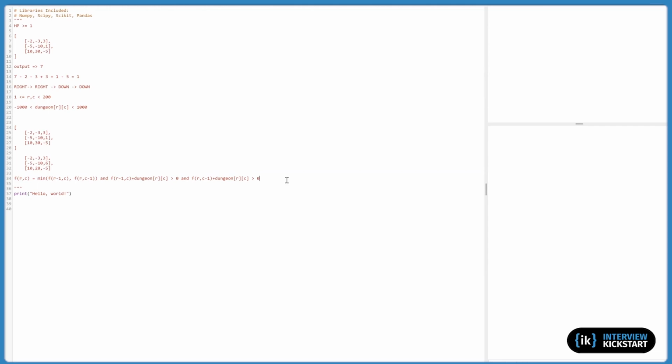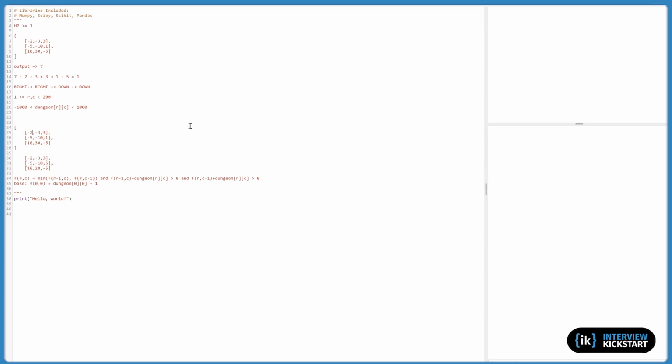Now the base case, to get to a starting point of this, is going to be f of 0, 0 is going to be dungeon 0, 0 plus 1. I think that's a base case. So whatever, is that true?